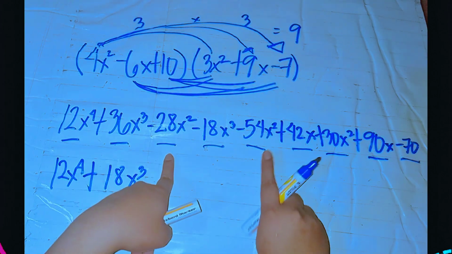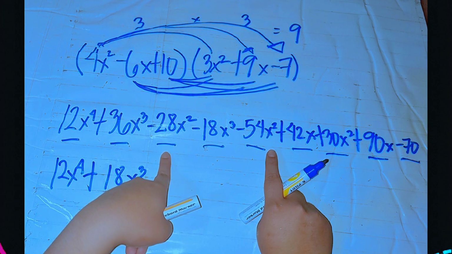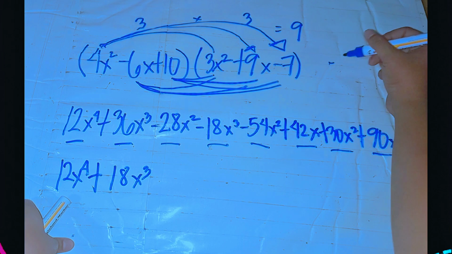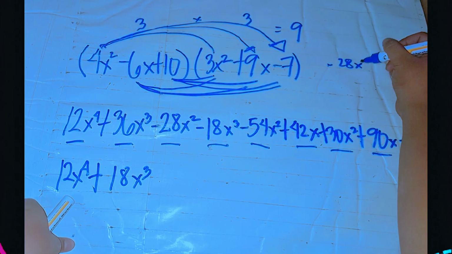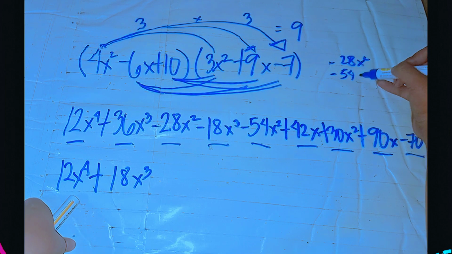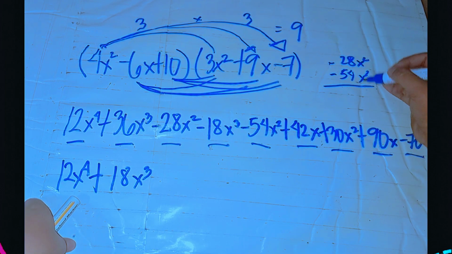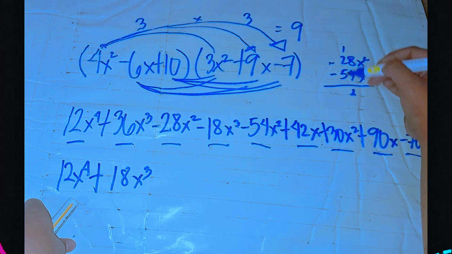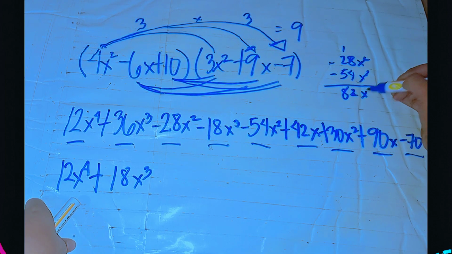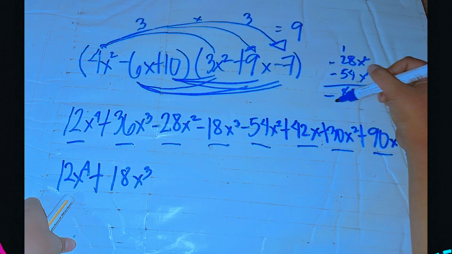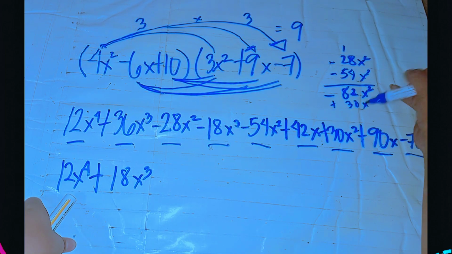Then for the x squared, negative 28x squared plus negative 54x squared, then positive 30x squared.